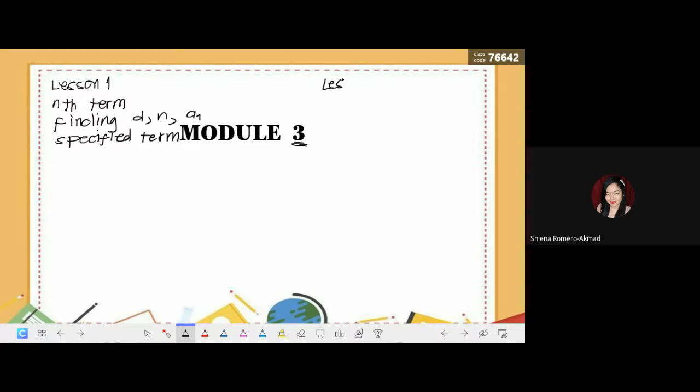While lesson 2, nakita ko sa lesson 2 is the arithmetic mean. Siguro may nagtatanong, Ma'am, ano ba yung mga sinasabi mo? Okay, so I will be explaining each of the terms na nakikita nyo dito. Okay?